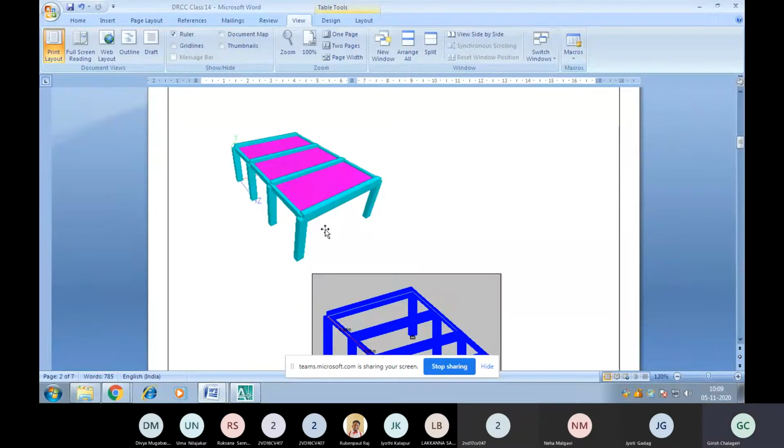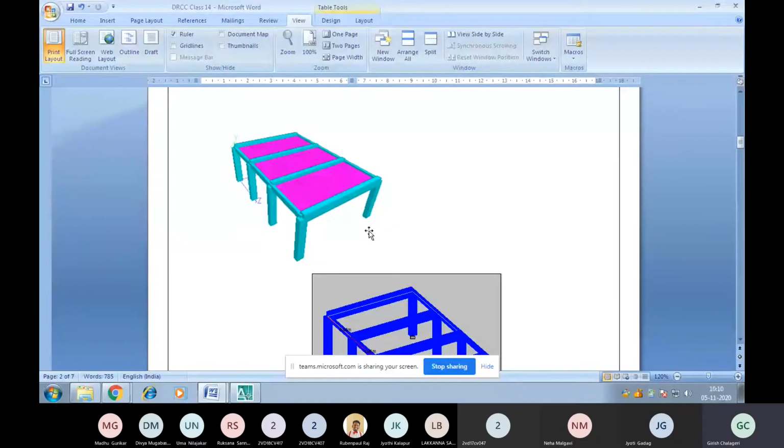Then the spacing between the frames is given as 4 meters, from this mid span to this, and from this to this. In between the beams, the slab is connected.